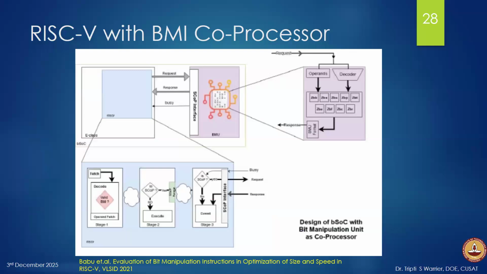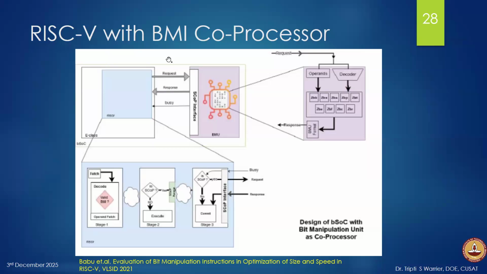first we are discussing our work where we came up with a bit manipulation instruction execution coprocessor. This particular block is a coprocessor which has execution hardware for all bit manipulation sub-extensions. It is the work of an MTech student of mine, in collaboration with IIT Madras Shakti core, and this extension was integrated with Shakti's E-class core.